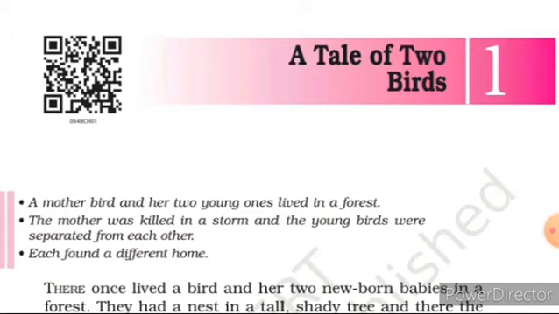Due to the strong wind, the tall tree that they lived on also fell and they were blown away to the other side of the forest. One of them reached near a gang of robbers and the other one landed near the Rishi's ashram.